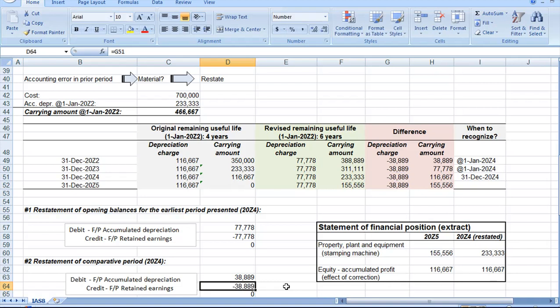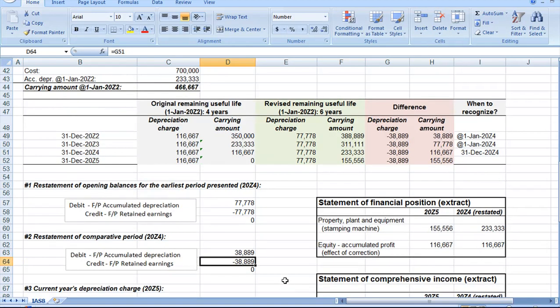Well, that entry is the same in fact as the previous one. But it is very important to distinguish between comparative period and previous periods because you need to prepare your statement of changes in equity correctly and the other disclosures too. And we'll see that in a minute.